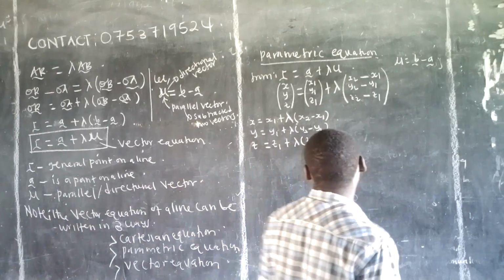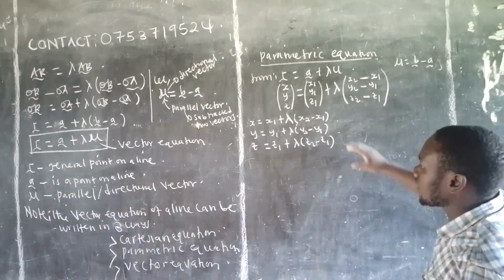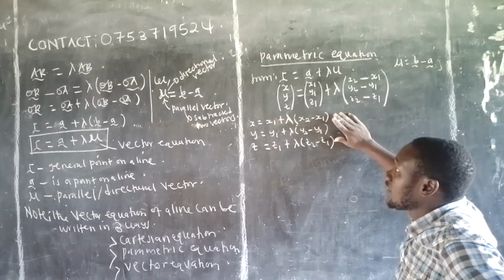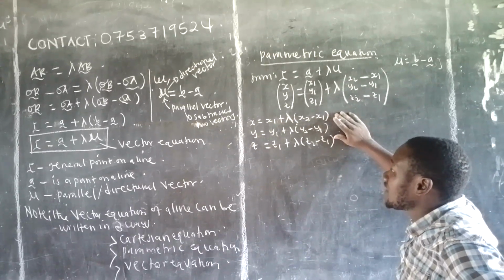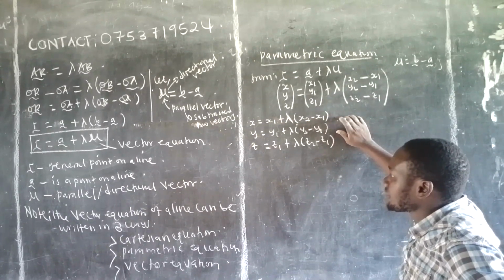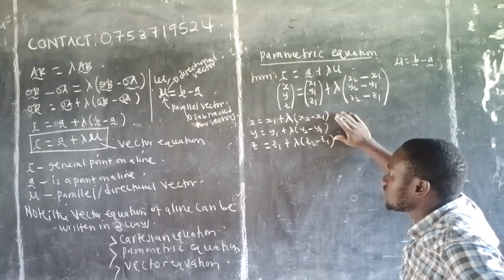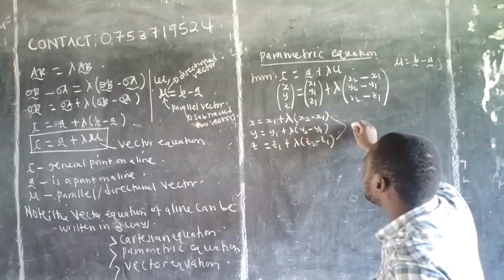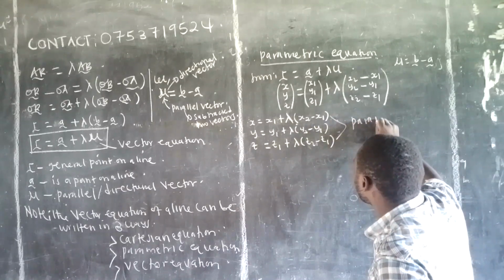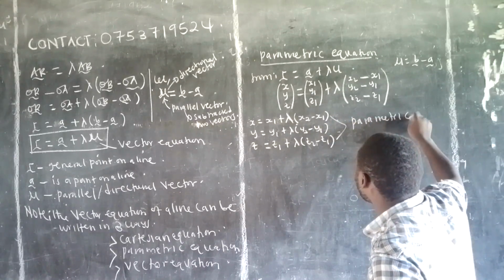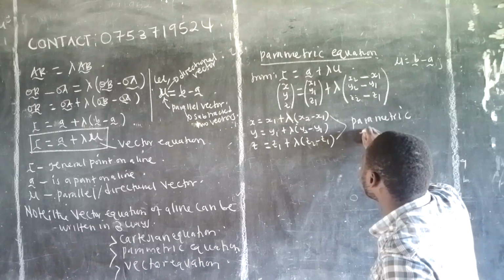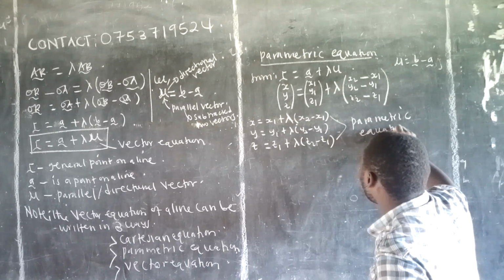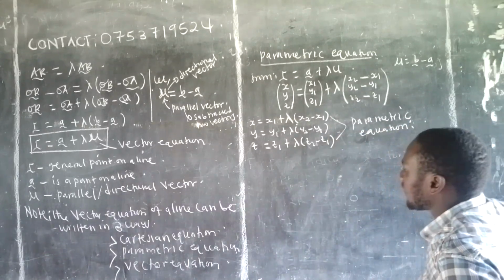Now, what we have here are parametric equations. Parametric means that we just leave it in parts: x is equal to that, y is equal to that. So this is the parametric equation of a line.